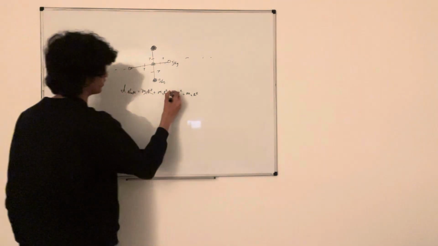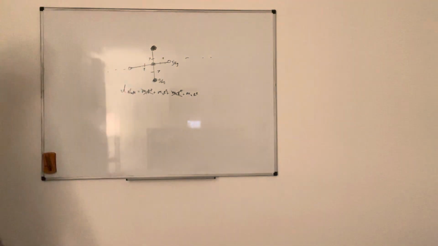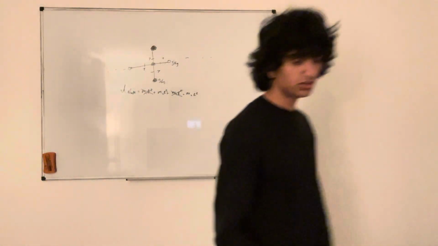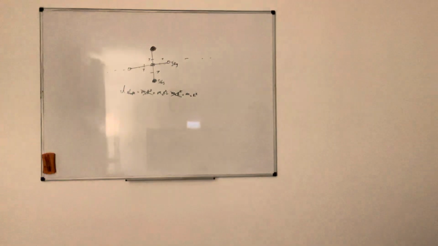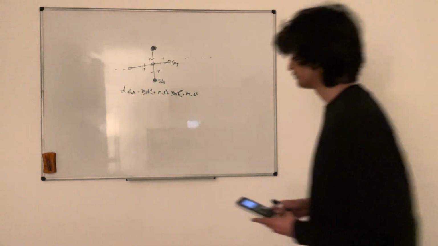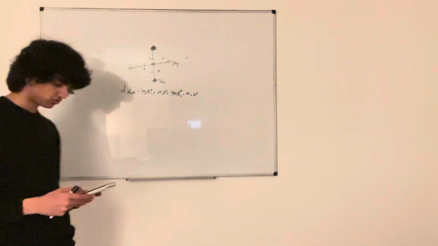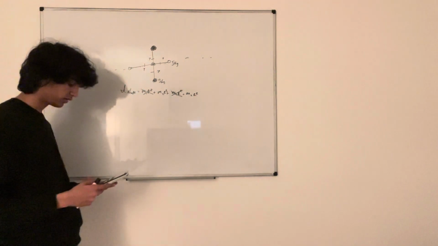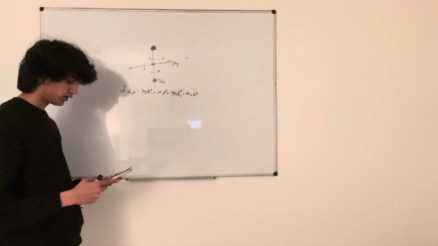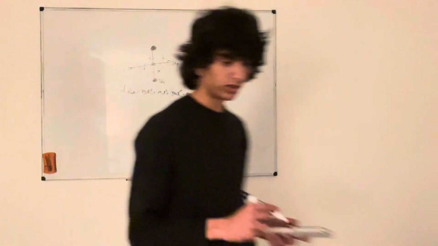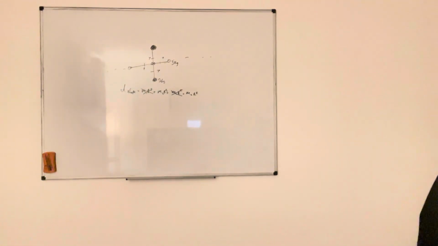Same for the other m1. So now you just have m2 r squared plus m2 r squared. You can easily do that in your calculator. So 0.7 squared times 5, and then multiply by 2. You should get 4.9-ish, I think.